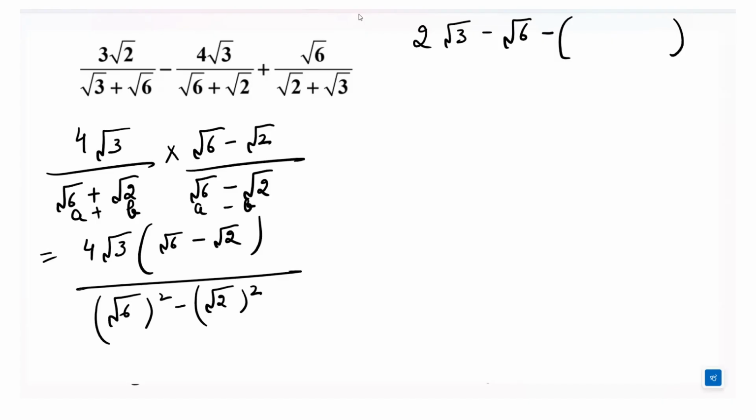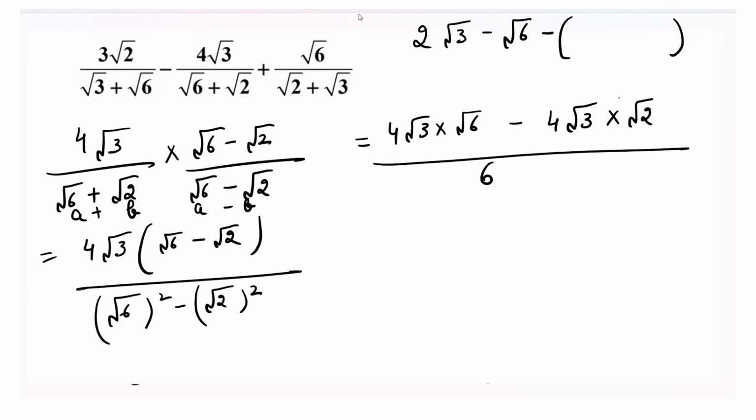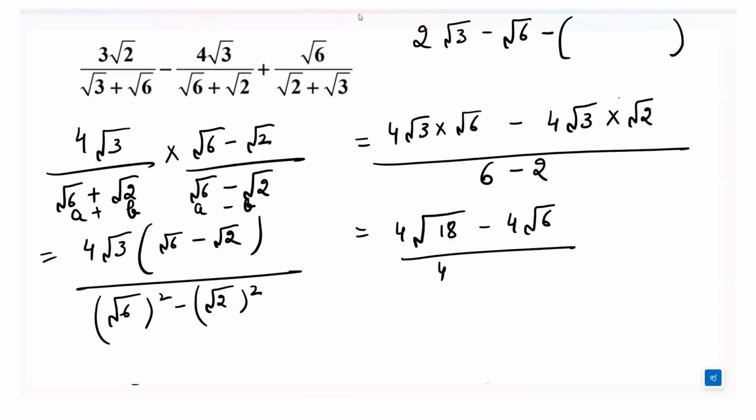Now we'll get here, we'll open the bracket, 4 root 3 into root 6 minus 4 root 3 into root 2 over 6 minus 2. We'll get here 4 and then within the square root we get 18 minus 4 root 6 over 4.